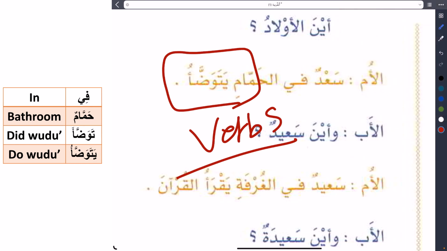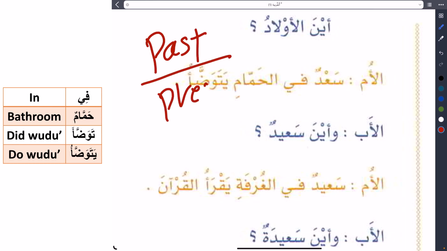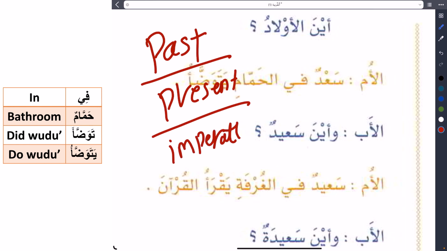To talk about verbs, we need to know the past form of each verb, and present, and imperative. Past, present and imperative.